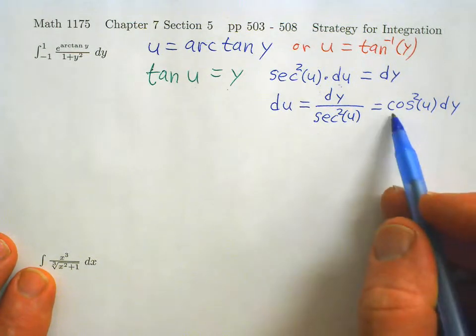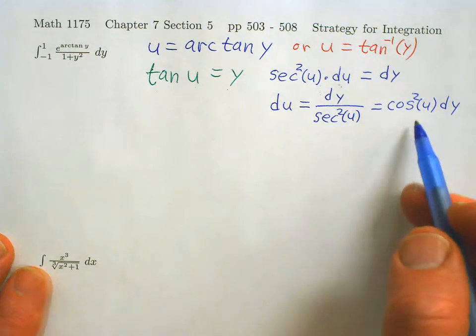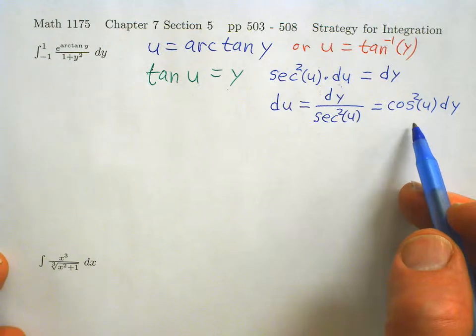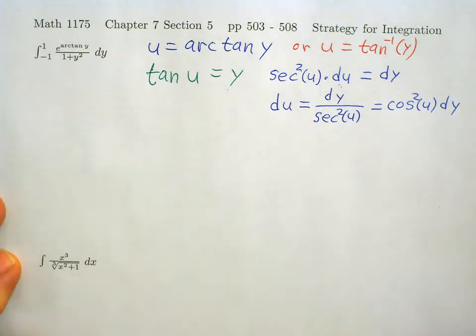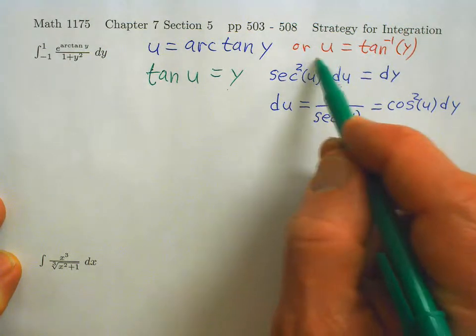So we want to replace cosine of u squared with an expression in terms of y. That's what we use our substitution to do.